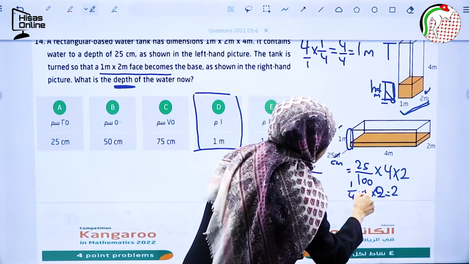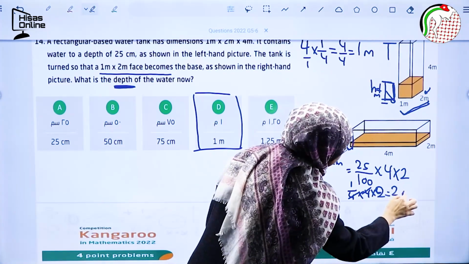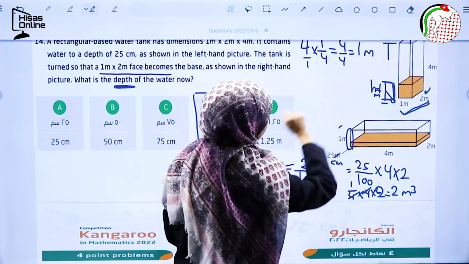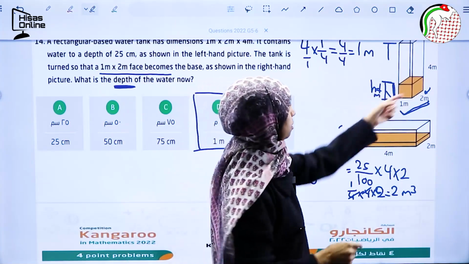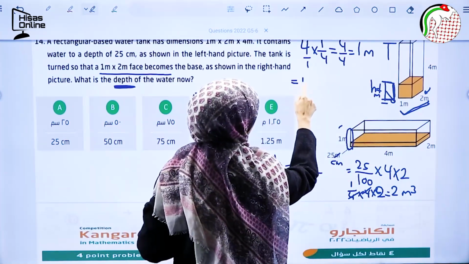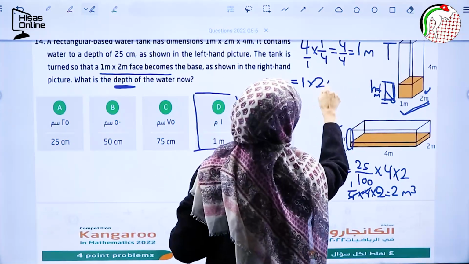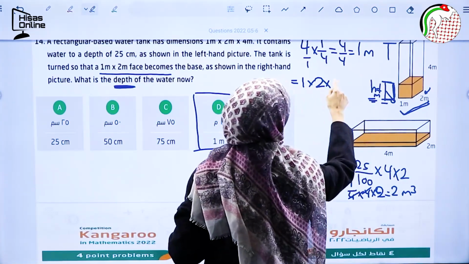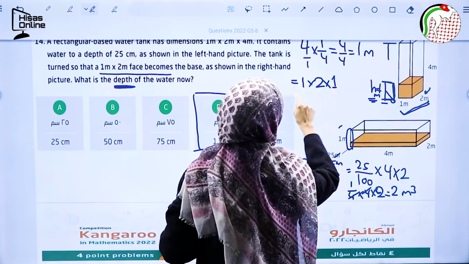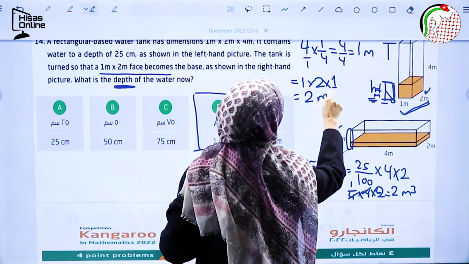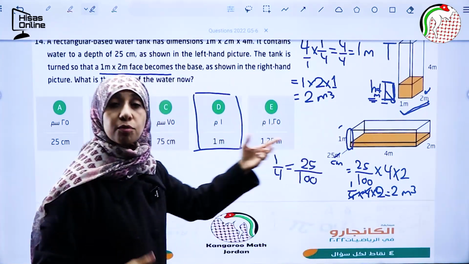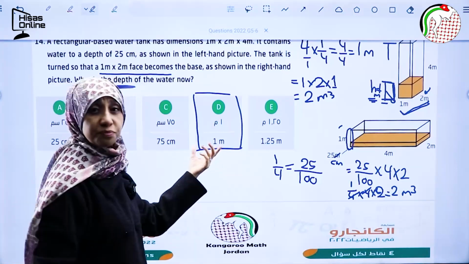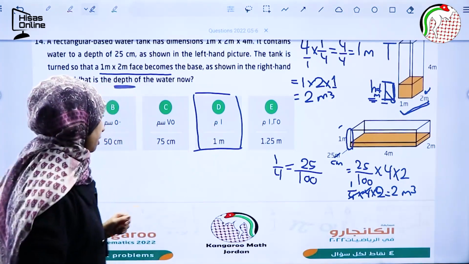That makes 2 cubic meters. Now let's check the volume. Here we have the base 1 times 2 times the depth that we found, which is 1. 1 times 2 times 1 is 2 cubic meters, and it's the same volume, so the 1 meter is the right answer.